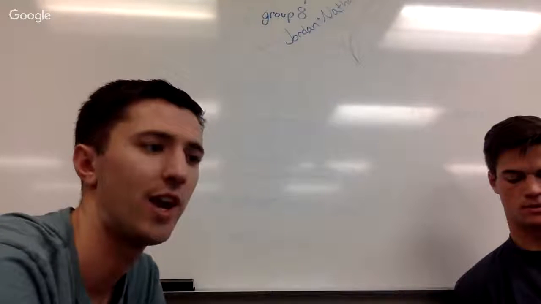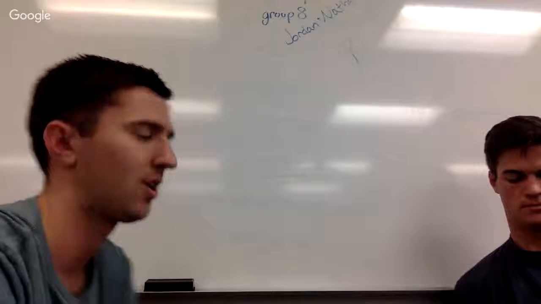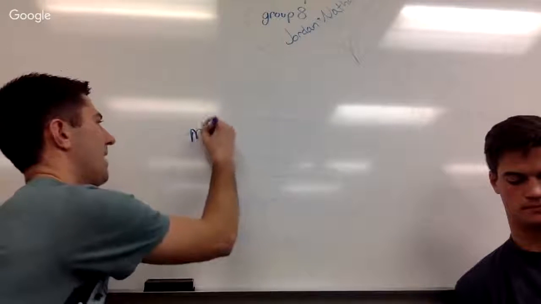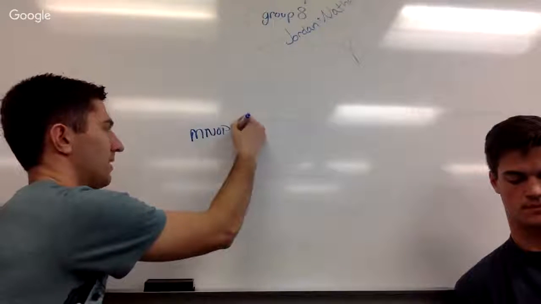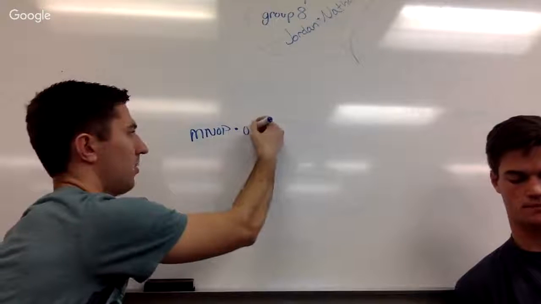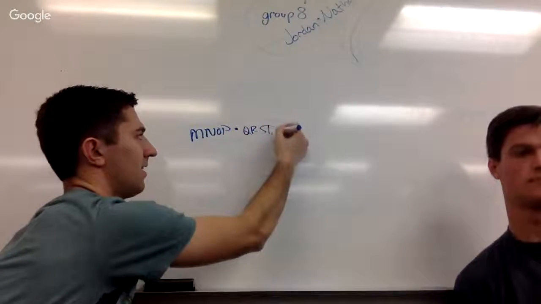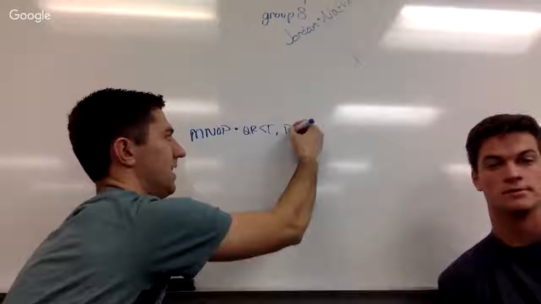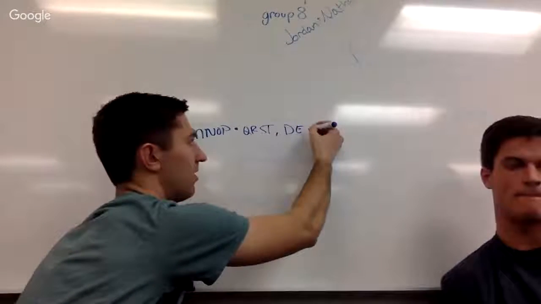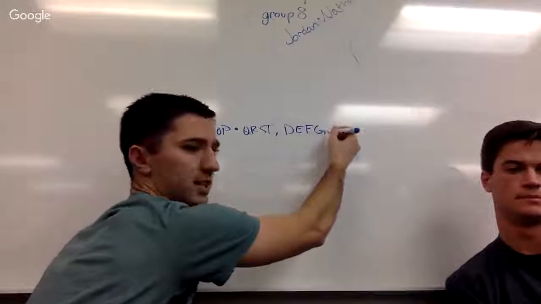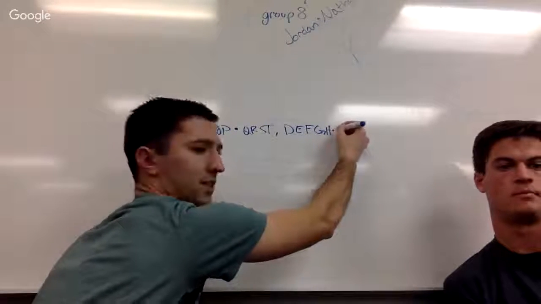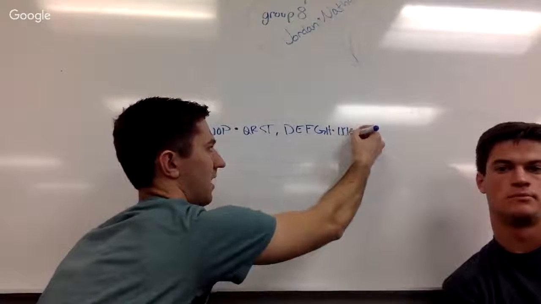So you can get two that are MNOP with the centromere, QRST, and then DEF, GH, the centromere, and then IJKL.